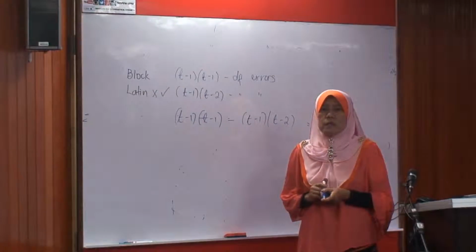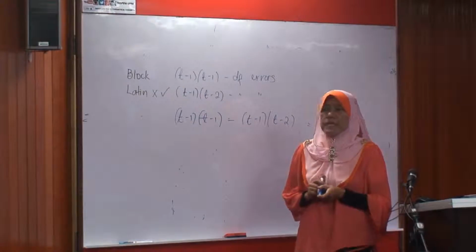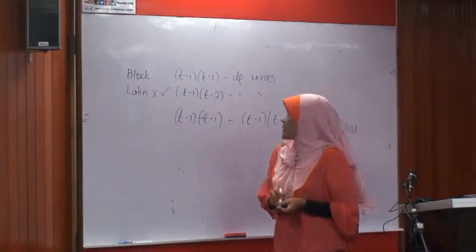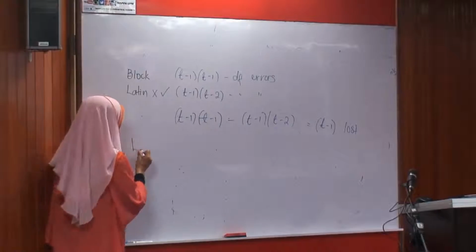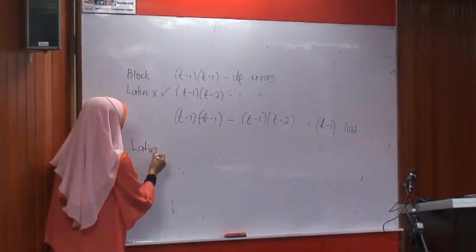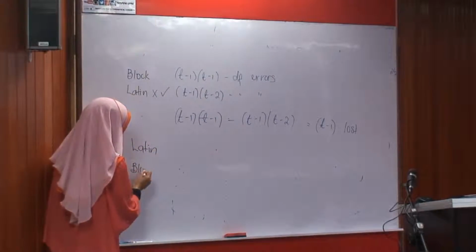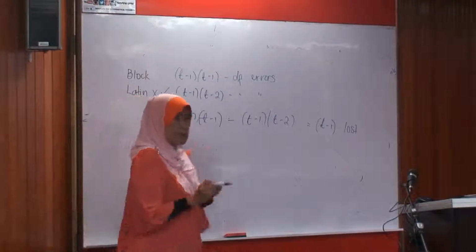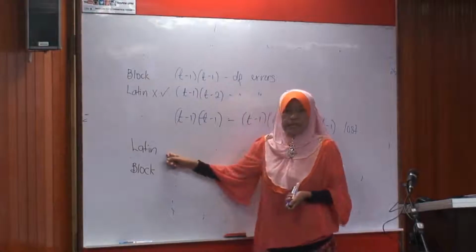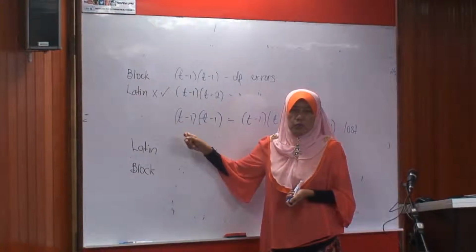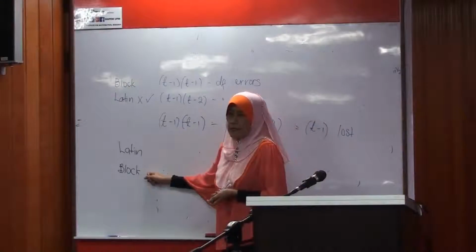So now next, let's say a Latin square is necessary, but you do not use a Latin square. Instead, you use a randomized block design.